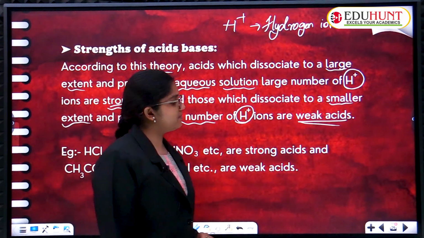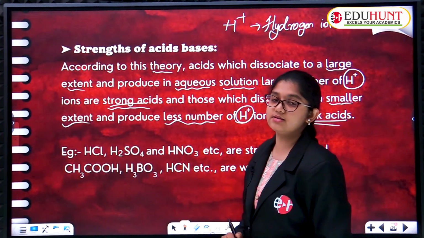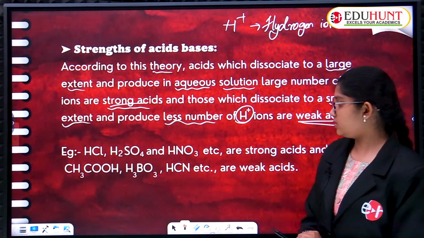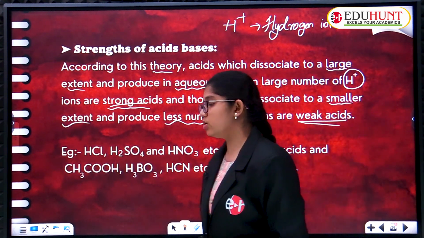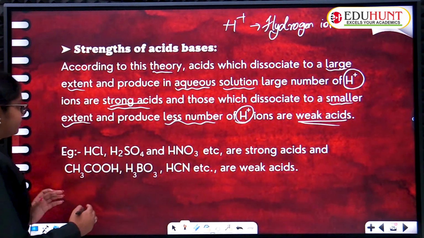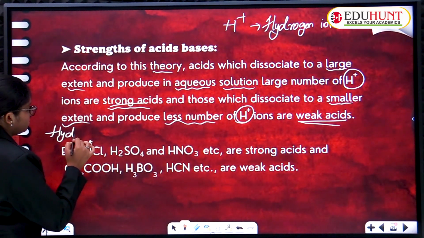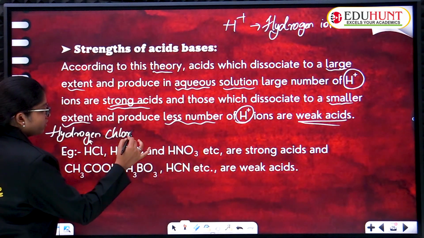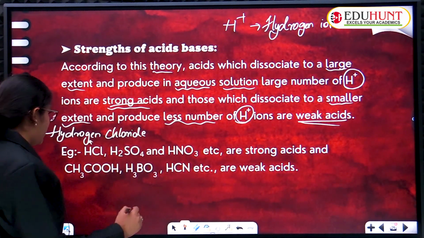Now tell me the names of all these given chemical formulas. HCl is named as which acid?